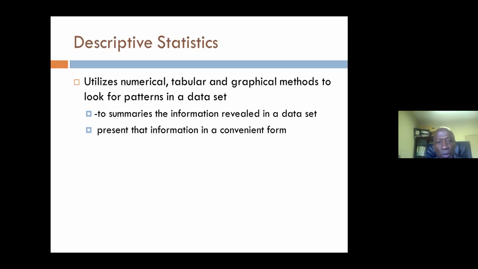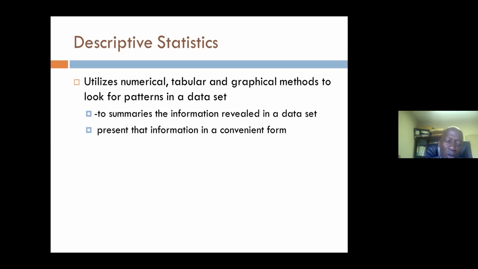So basically, when we talk of descriptive statistics, we are talking of summary measures that can come in numerical form, or in the form of tables, or in the form of graphs, that will help us look at patterns in a given data set. So this helps us to summarize the information that is contained in the data of interest.